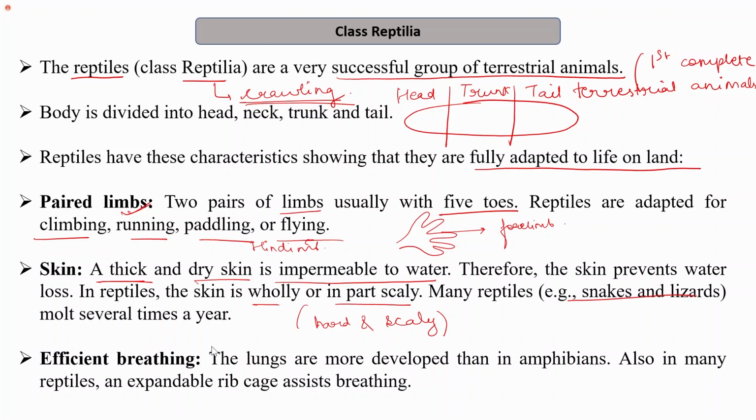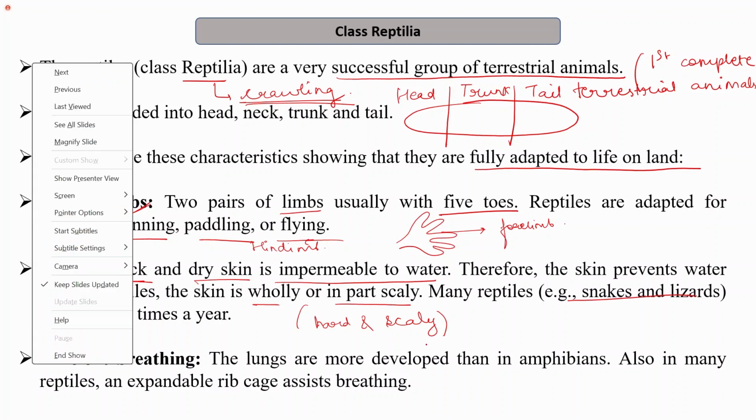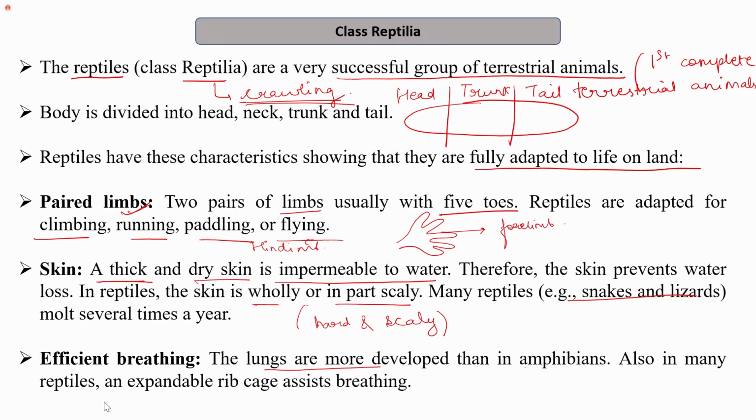The next modification is efficient breathing. The lungs are more developed than in amphibians. Also, in many reptiles, an expandable rib cage assists in breathing, facilitating efficient breathing.